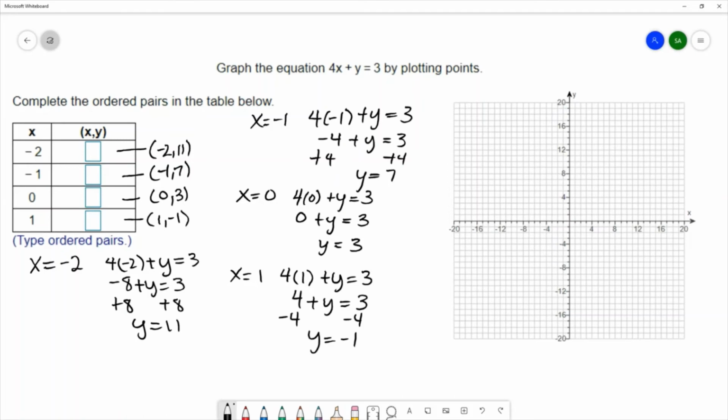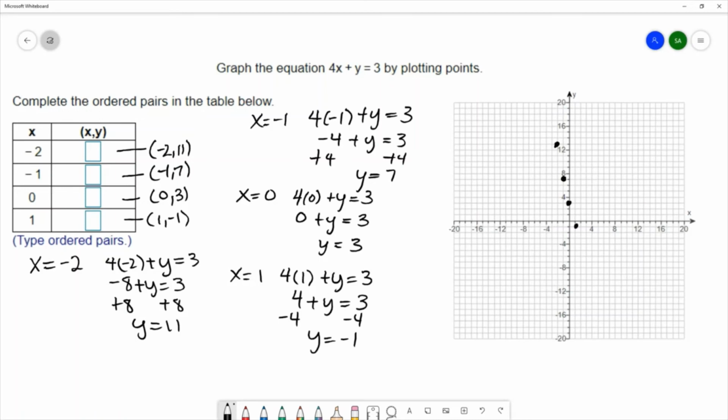I'll use these ordered pairs to plot on the graph and then draw a line that connects those points. So my points are -2, 11, which would be here, -1, 7, 0, 3, and 1, -1.